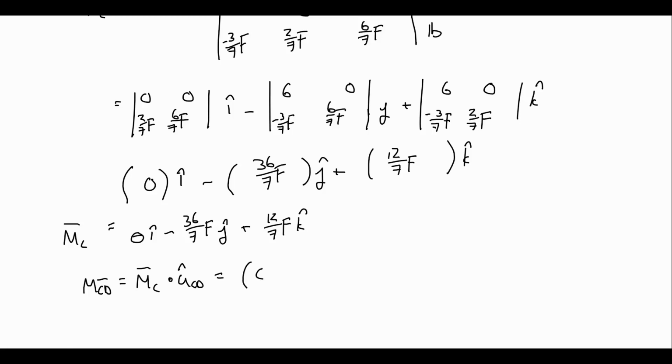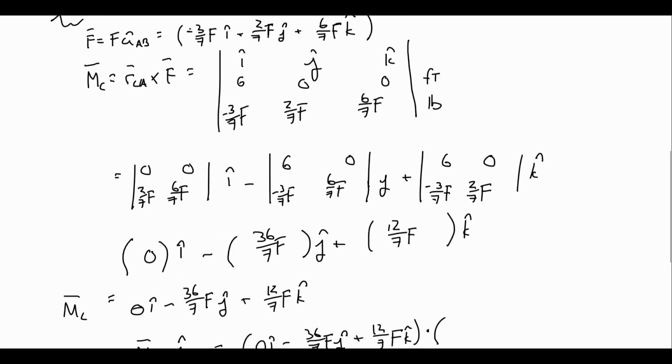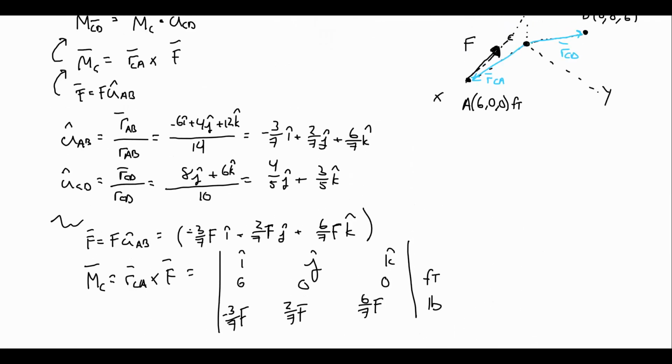So I'm going to have 0i minus 36/7 f j plus 12/7 f k. And I want to dot that with u hat CD. Again, I already found this, it was up here.